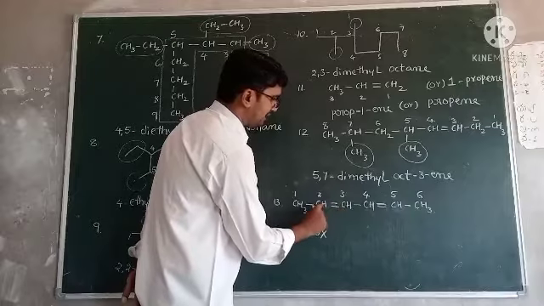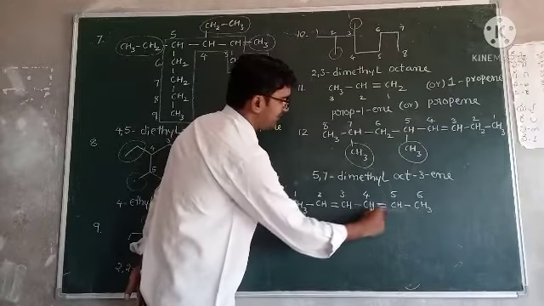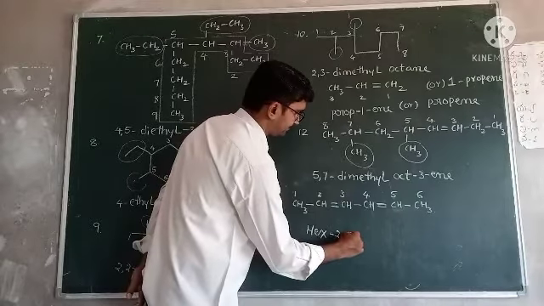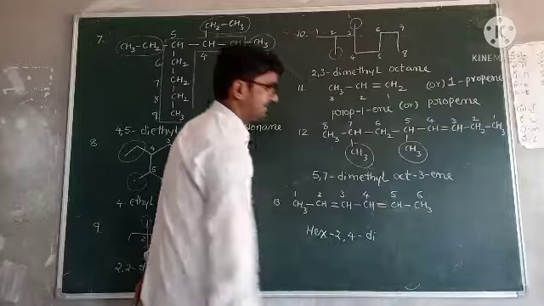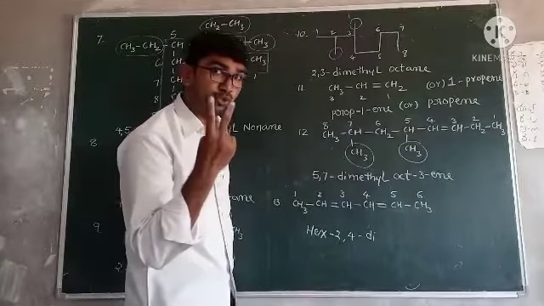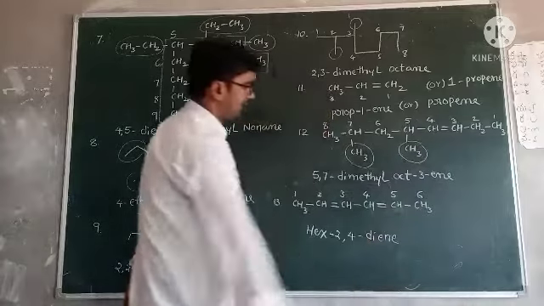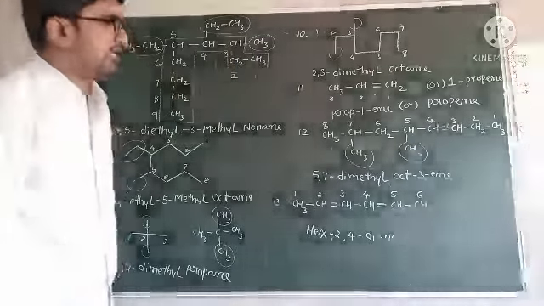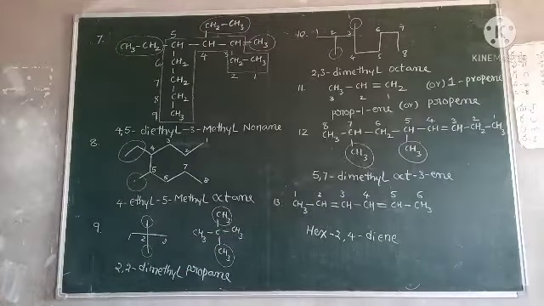Between 2 and 3 means second position; between 4 and 5 means fourth position. So 2,4-di. Why are we writing di? Because 2 double bonds are present. Diene. There is no functional group, right? So completed up to 13.